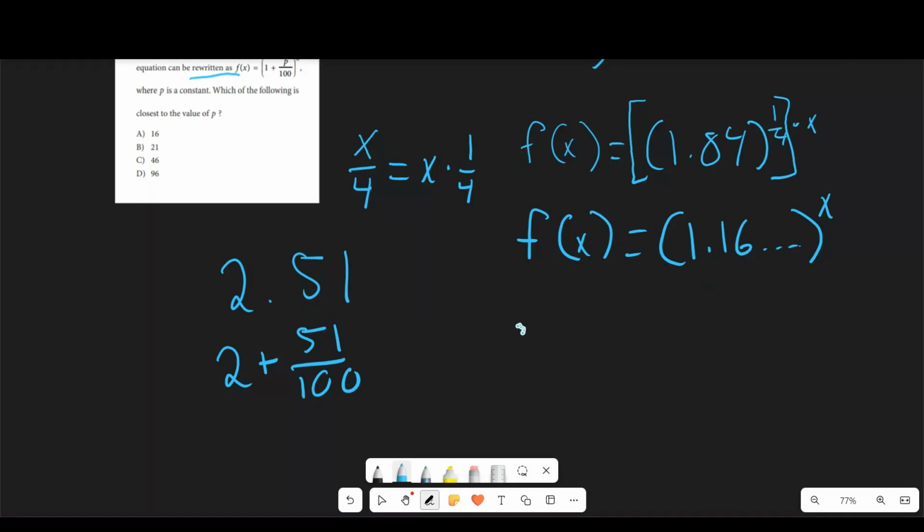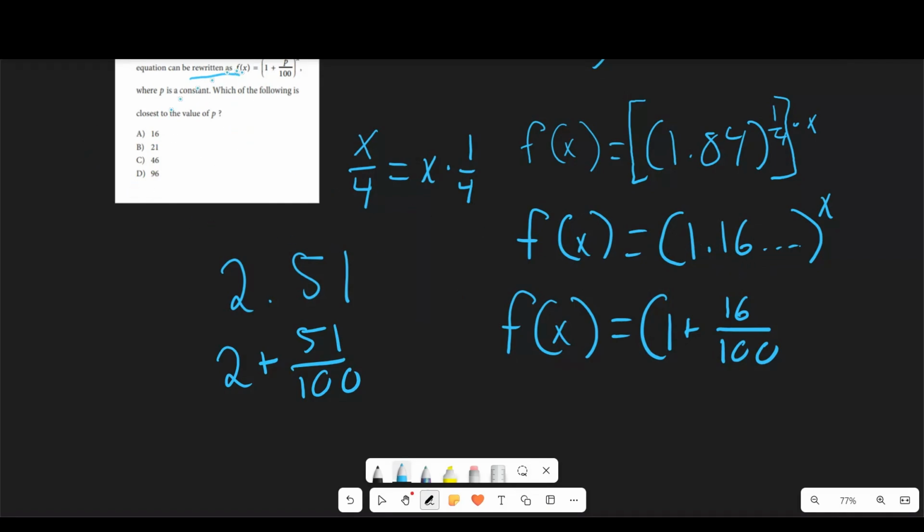Similarly, we can do the exact same thing here. So f of x is equal to 1 plus, now remember we have our tenths and hundredths, and we can keep on going and going, but we're just going to stop at the hundredths here, and we then have 16 over 100. The reason I'm not caring about the rest of the decimals is because if you look at our answers, they only have 2 digits, so I don't need to be super specific.